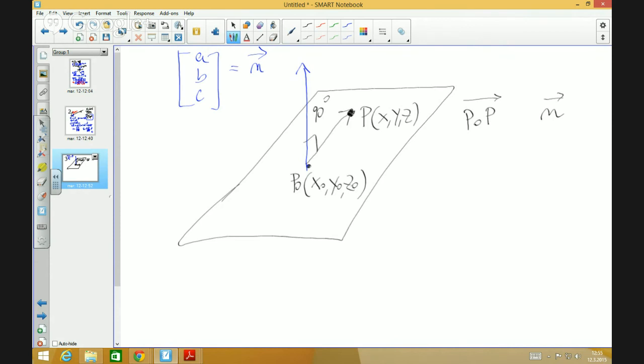These two vectors form 90 degrees, so they are orthogonal, which means that their dot product must be 0. And this is true for every point x, y, z which lies on the plane.